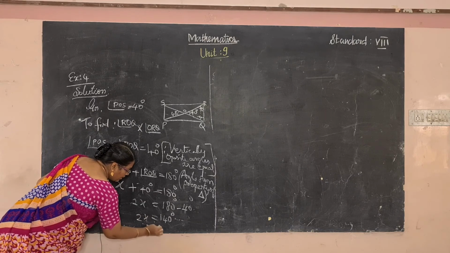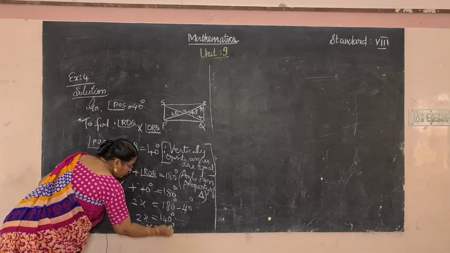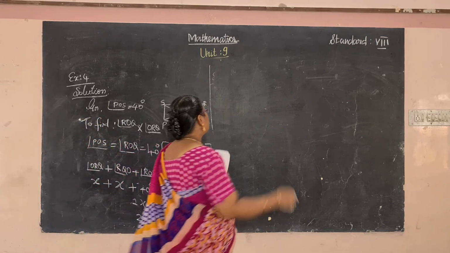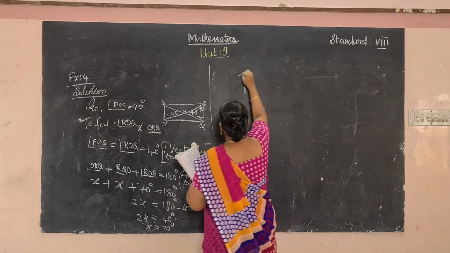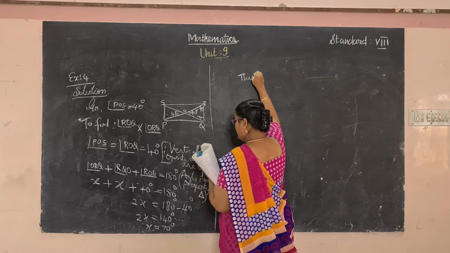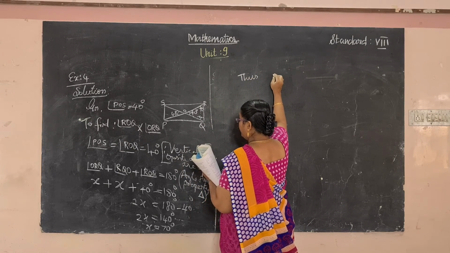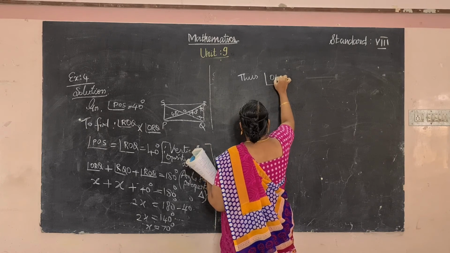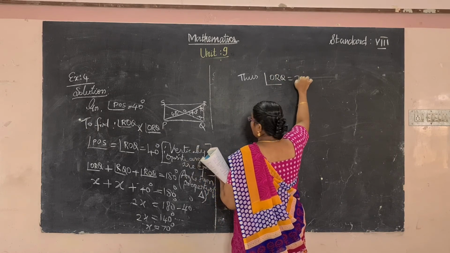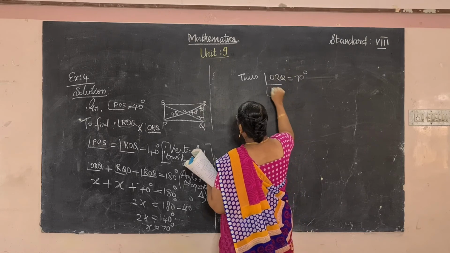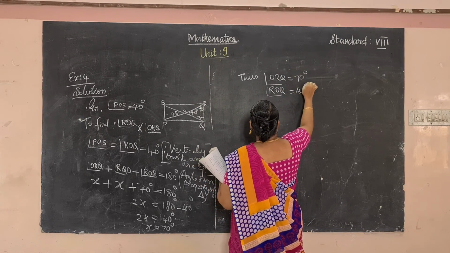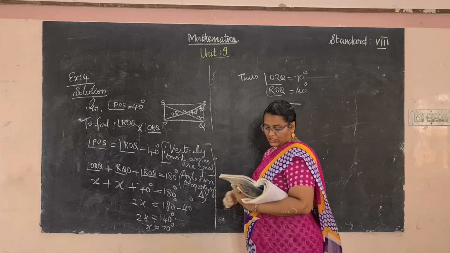So x equals 70 degrees. Thus angle ORQ is equal to 70 degrees, and ROQ is equal to 40 degrees.